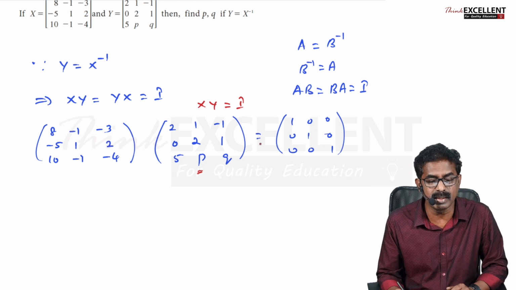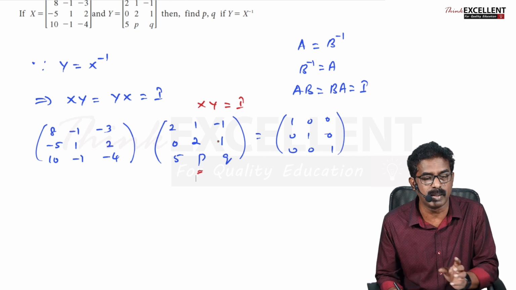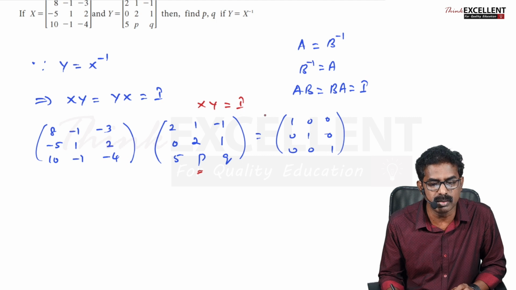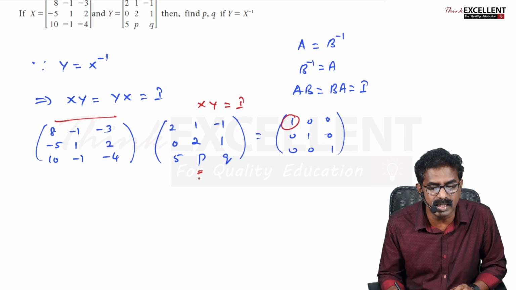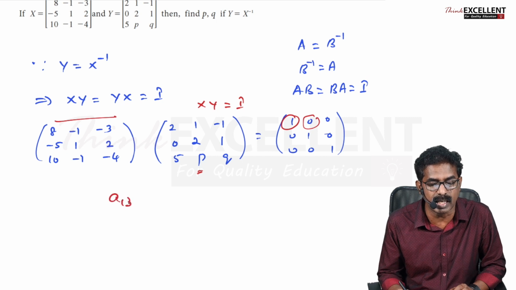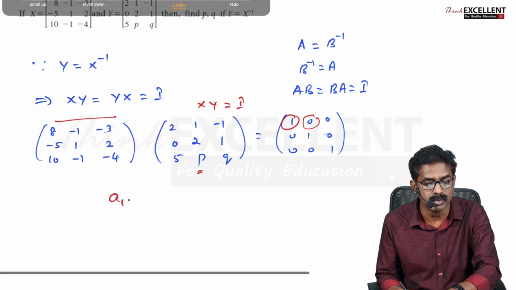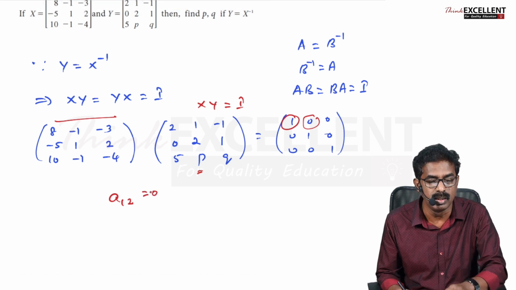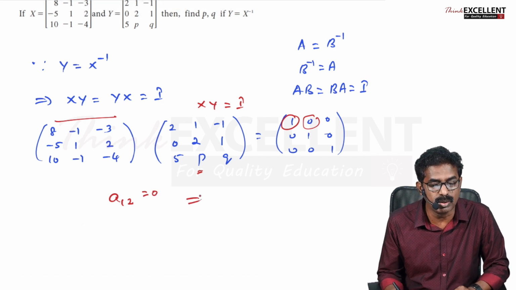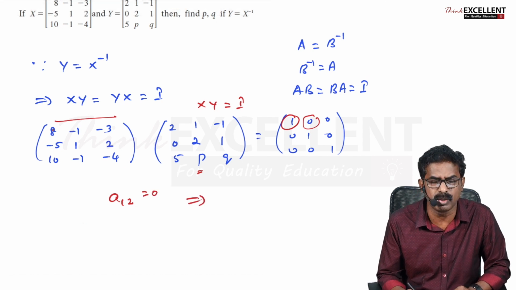The two matrices are equal means the corresponding elements are equal. So first row into first column, you will get the first number, right? First row into second column, you will get 0. That is A12 in the answer. A12 is equal to 0. So I'm going to take only that.